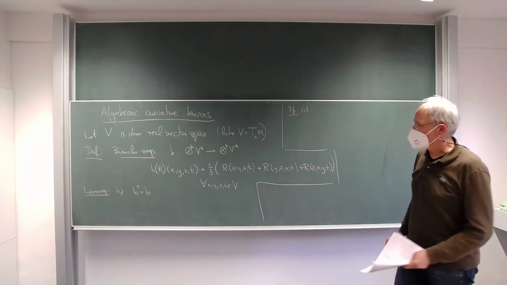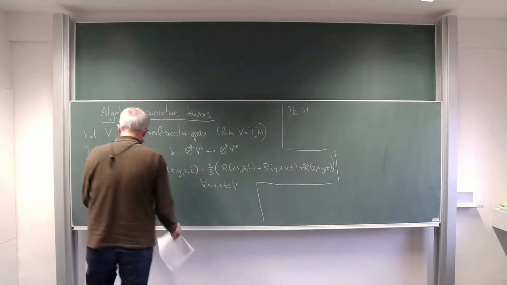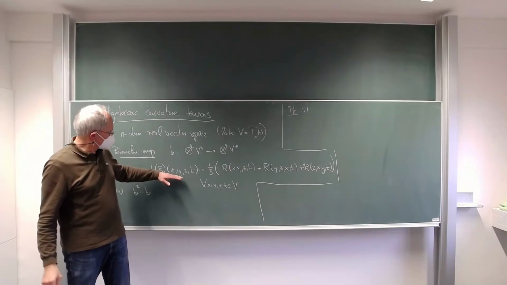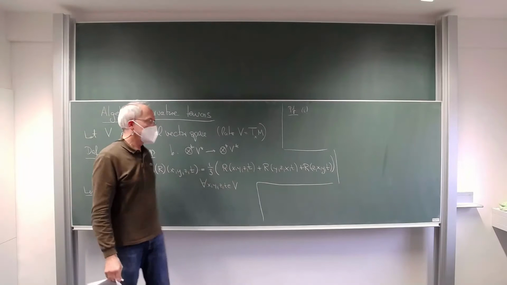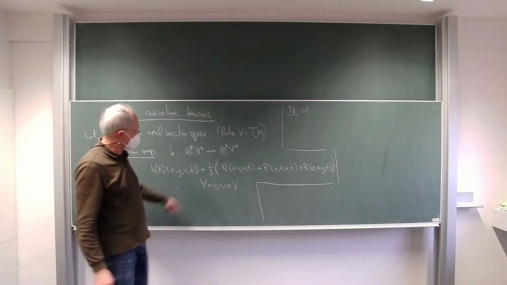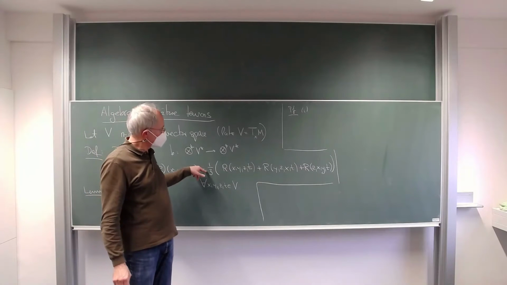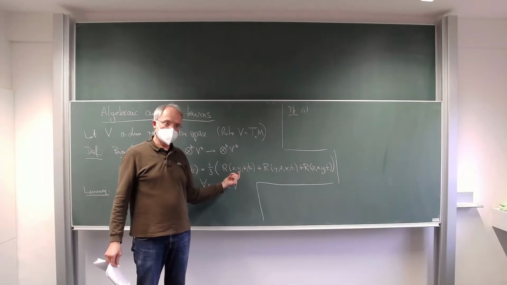And in fact, well, what do we do? So if we apply b and insert these arbitrary vectors, then we get this expression. Now let's apply B again. So what will happen? Then we get another factor of 1/3, and each of these three terms is again permuted in the first three entries.